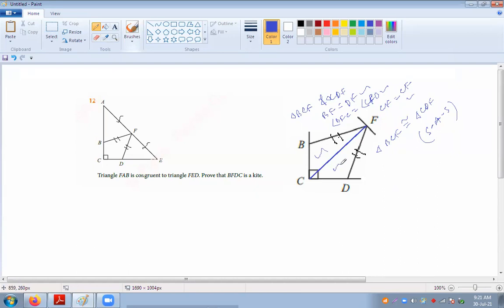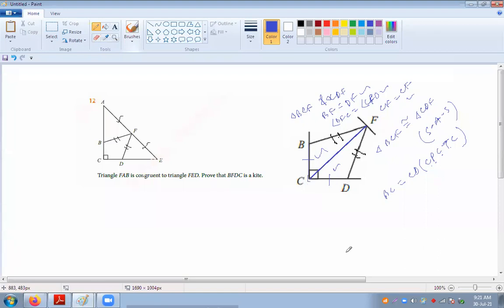If these two triangles are congruent, then we can easily say this side is equal to this side, because BC is equal to CD by CPCTC, corresponding parts of congruent triangles are congruent. So now you say this is a quadrilateral.